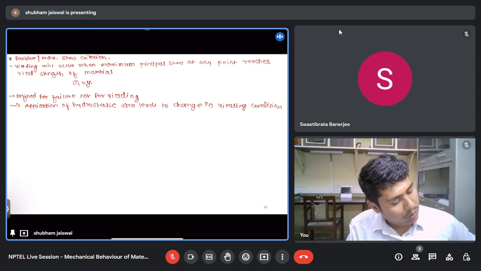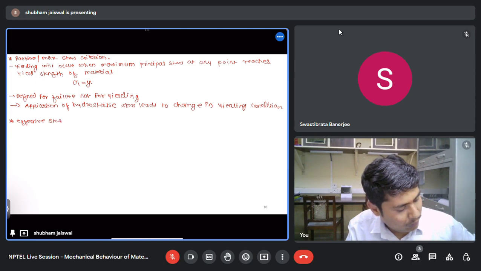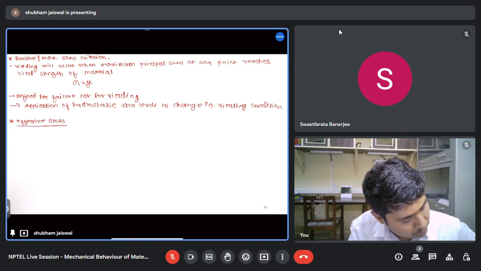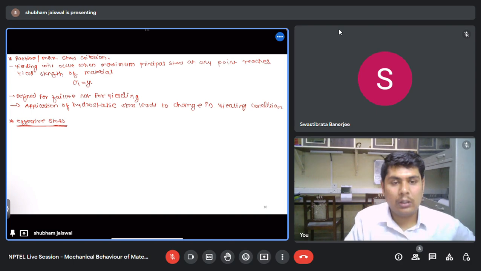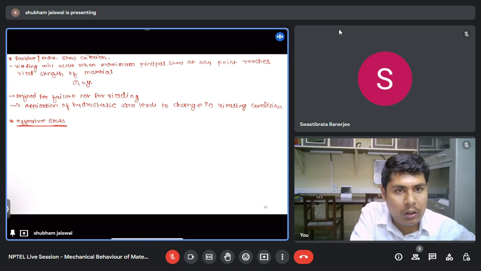Then we came across the concept of effective stress. Okay. So the material is not always subjected to a uniaxial condition. Okay, it can be subjected to biaxial or triaxial.